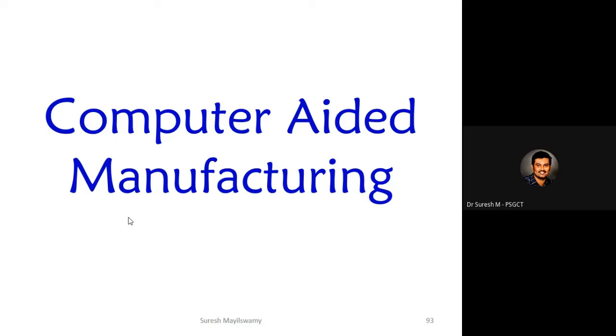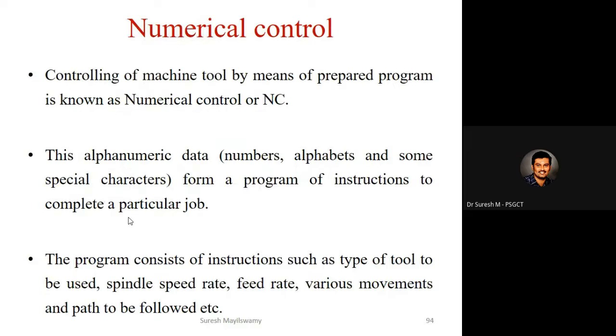Here we will discuss in detail CNC machines, CNC programs, classification of CNC machines, what CNC dimensioning is, and how to generate a CNC part program by using CAM software. First we should know what numerical control is. Controlling a machine tool by means of a prepared program is called numerical control, or NC.